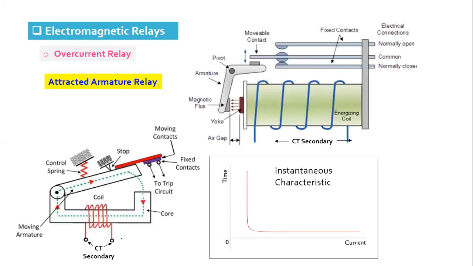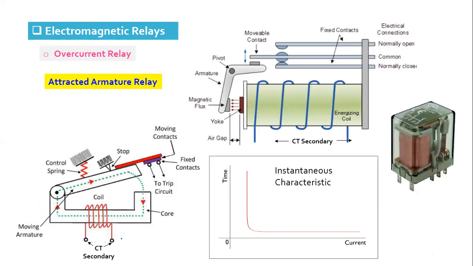Okay. Then the attracted armature relay. The attracted armature relay is one of the simplest relays, which is generally used as an auxiliary relay, where we have a core, we have wound a coil over the core, and the coil is connected with the CT secondary.